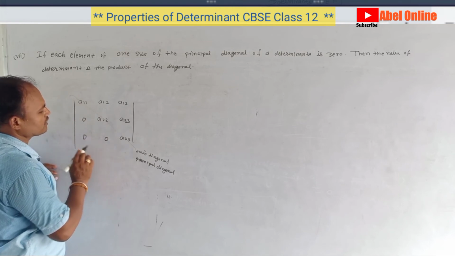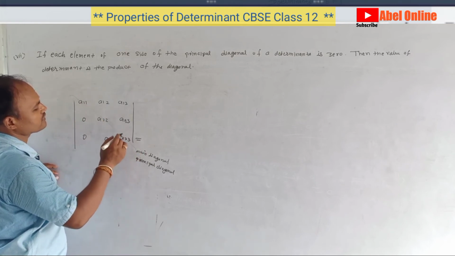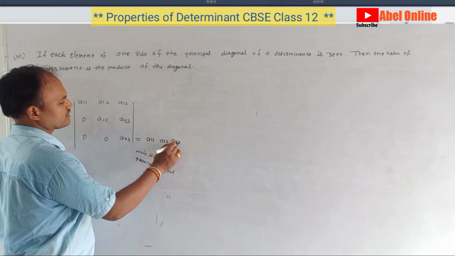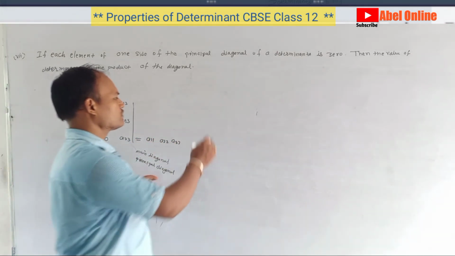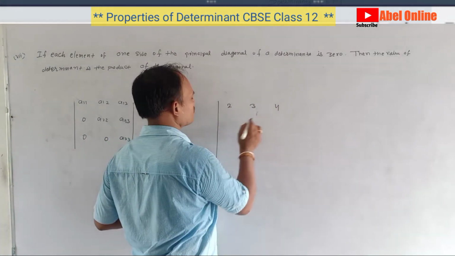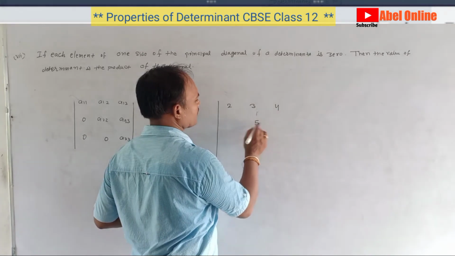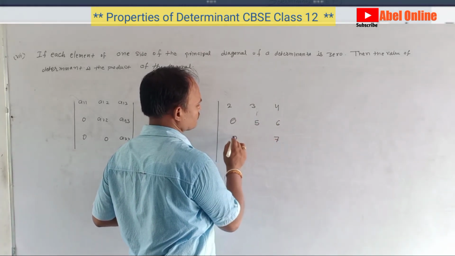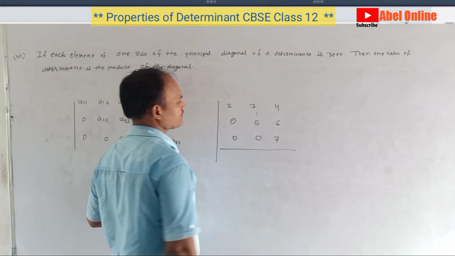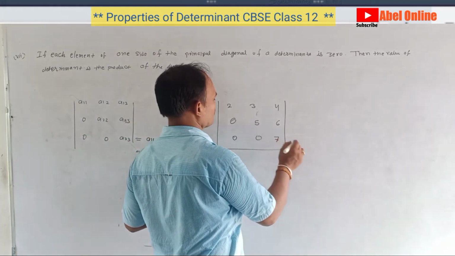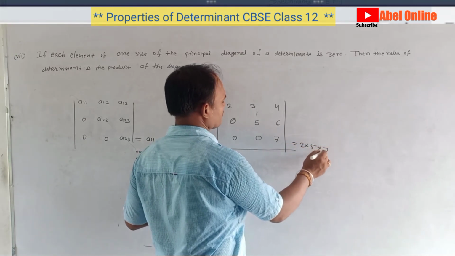Then the value of the determinant is the multiplication of the diagonal elements, which means the answer is A11 A22 A33. How? Suppose the question is 2, 3, 4, then 5, 6, then 7, with 0, 0, 0 below. Then what is the answer? The answer is 2 into 5 into 7.